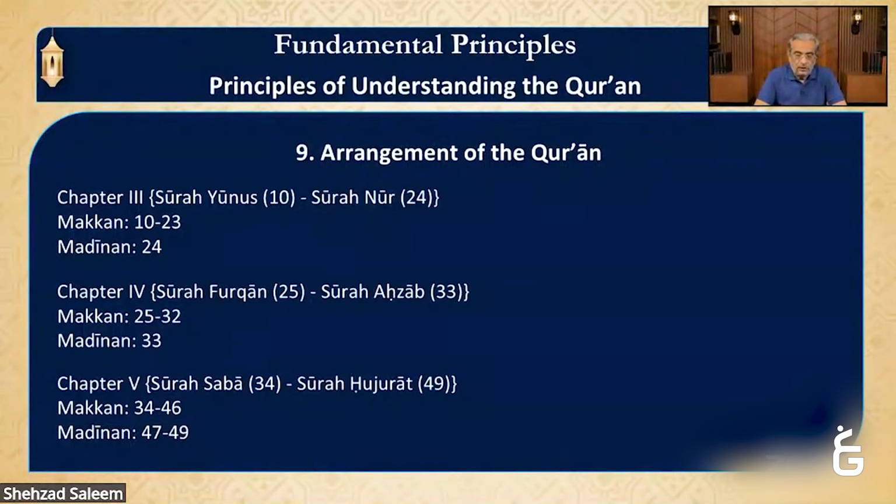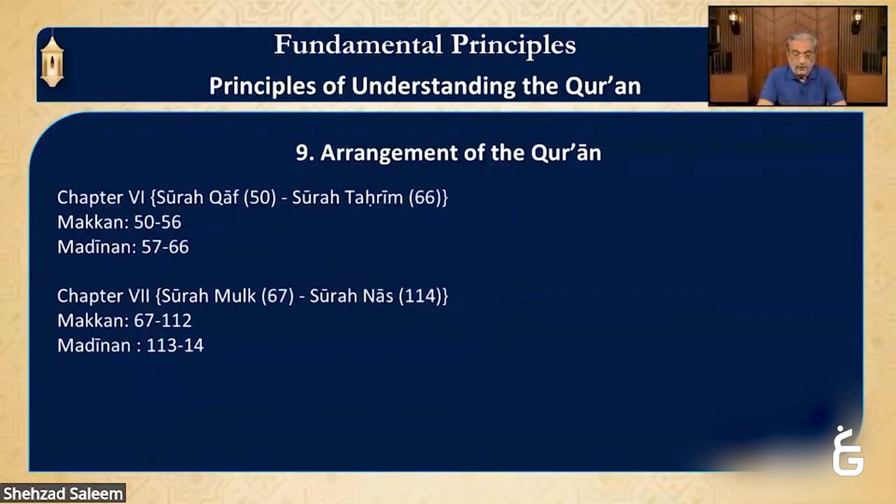Chapter number 4 starts off with Surah Furqan, ends with Surah Ahzab, and you can see that from Surah number 25 to Surah number 32, the surahs are Meccan, and the 33rd surah, which is Surah Ahzab, it is the Medinan surah. Chapter number 5 starts off with Surah Saba, ends on Surah Hujurat, and you can see the Meccan surahs are from 34 to 46, and Medinan are from 47 to 49.